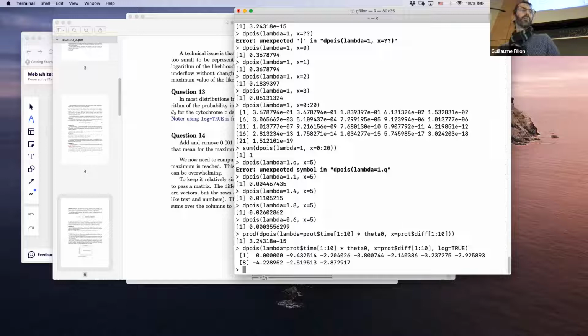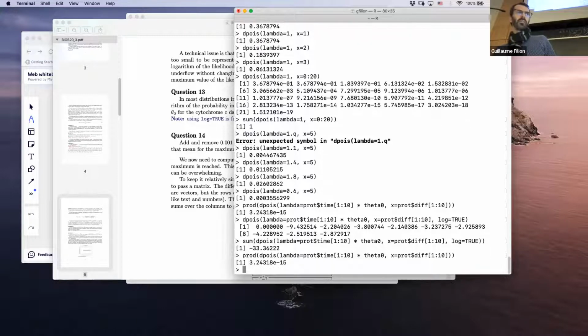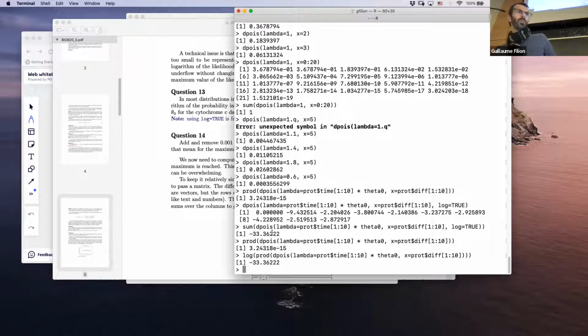And if I want to compute the logarithm of a product, this is the sum of the logarithms. Do you remember that? When you take the log, you don't compute the product anymore, you compute the sum. So here, that's what we get, the sum of the individual components. If we had computed that here, and I take the log, well, sure enough, I get the same thing.